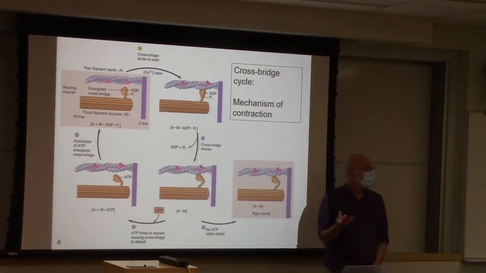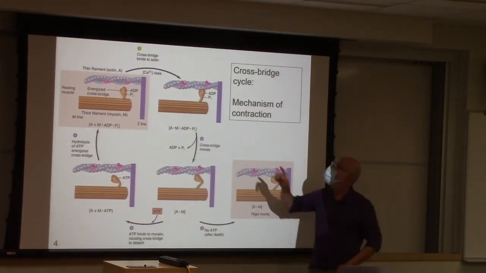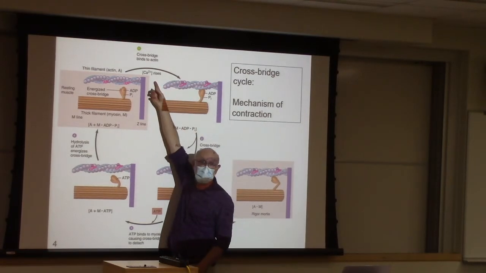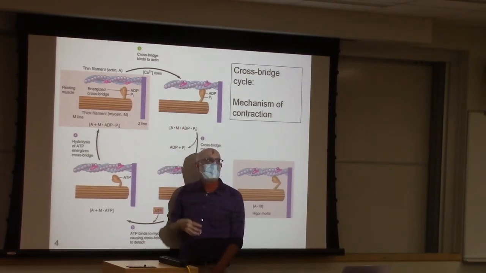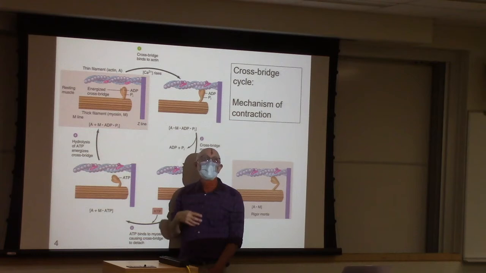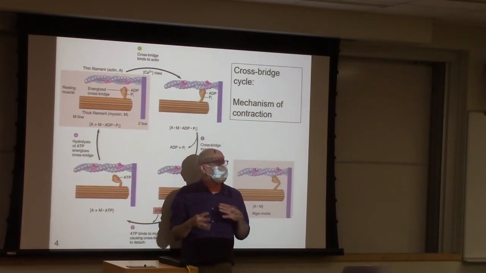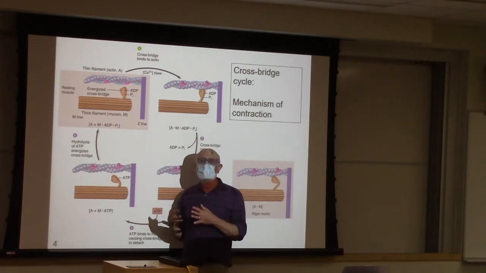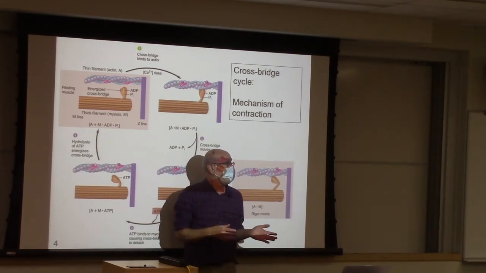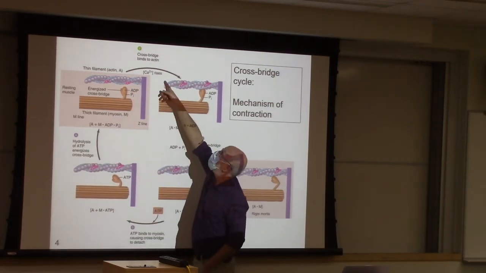Now we contract it. Now we're going to start the contraction. Calcium goes up. Remember, action potential, voltage sensor, calcium release channel. Calcium in the cytoplasm goes up because it's being released from the SR. Calcium concentration rises.